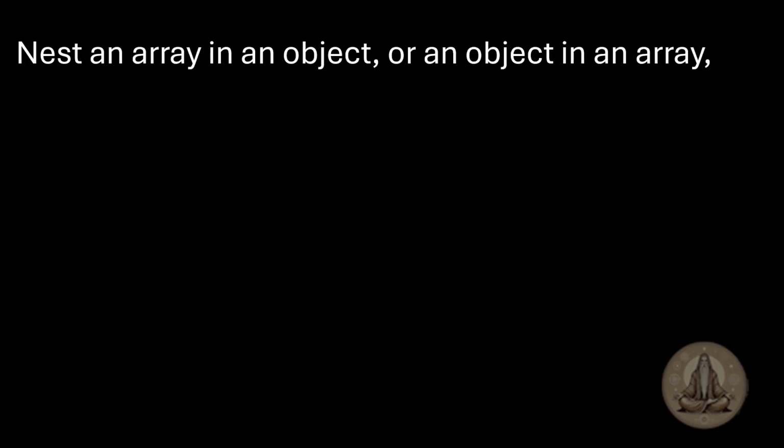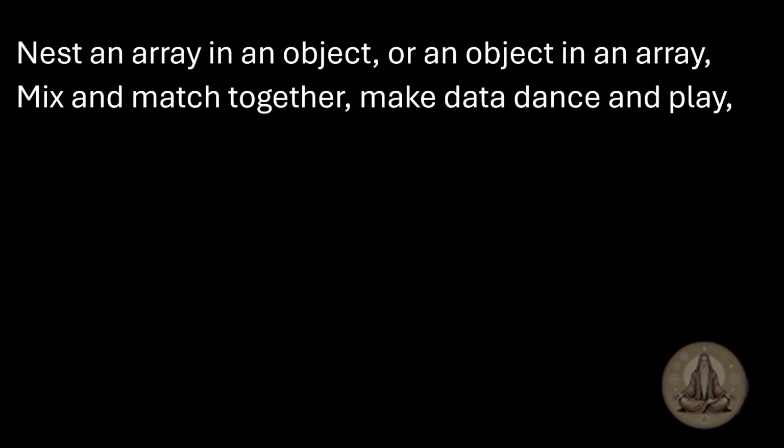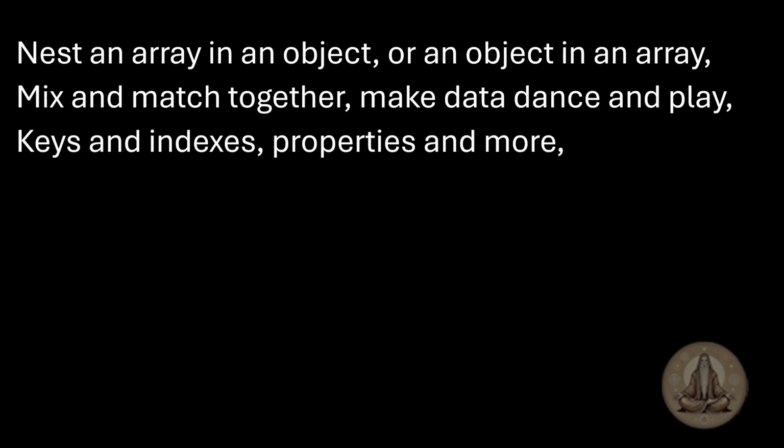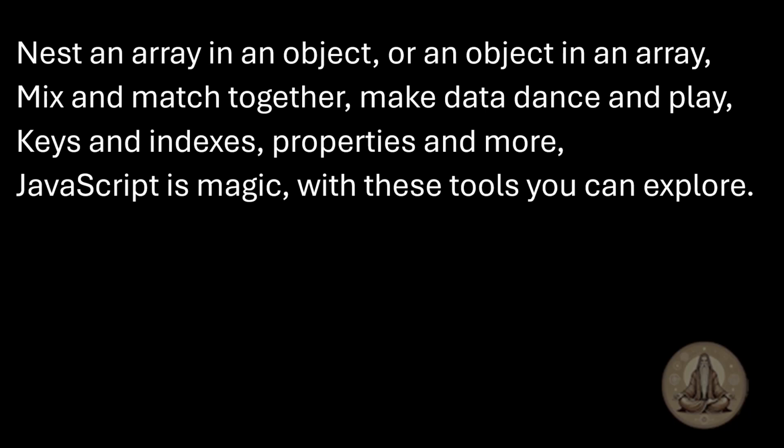It's an array in an object, or an object in an array. Mix and match together, make data dance and play. Keys and indexes, properties and more. JavaScript is magic, with these tools you can explore.